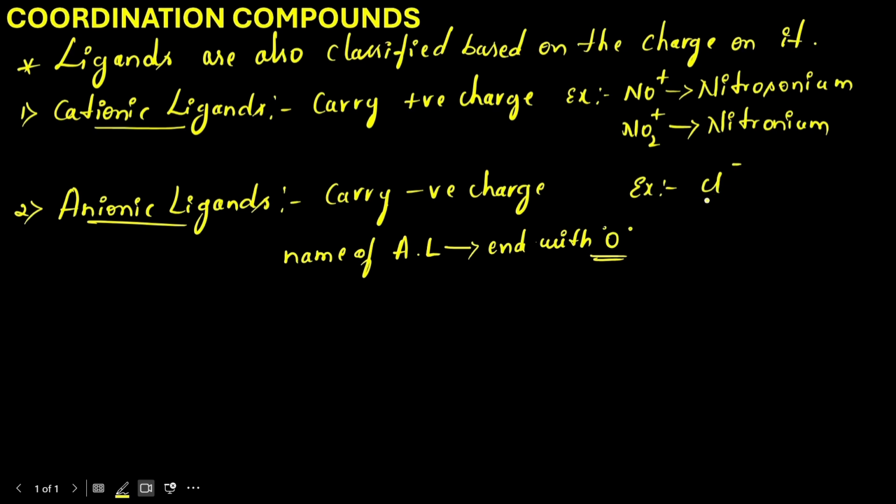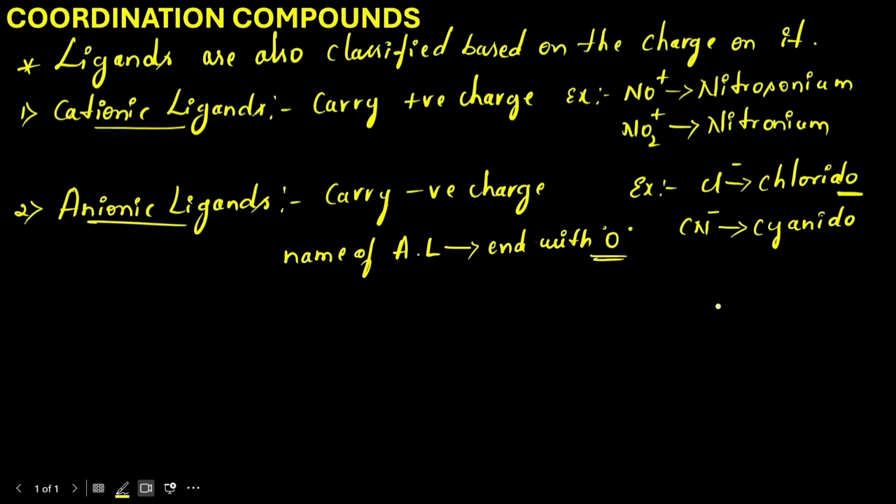It is an example of an anionic ligand because it carries a negative charge. You should not write it as chloride. Instead of that, you have to write it as chlorido, because while naming anionic ligands, the name should end with O. And one more example, CN minus, it is not cyanide, it is named as cyanido.